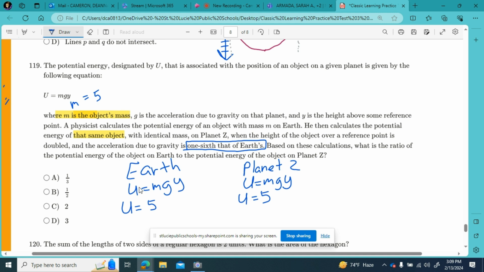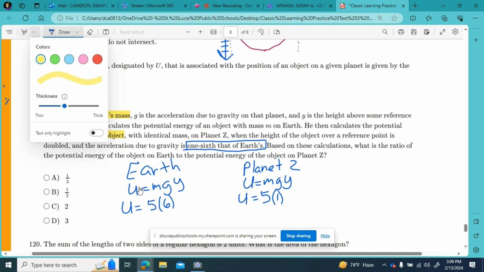So Earth has acceleration due to gravity 6 times more than this. So I'm going to make this one be 1. And y is the height above some reference point. A physicist calculates the potential energy of an object with mass m on Earth. He then calculates the potential energy of that same object with identical mass m on planet Z when the height, okay, here we go.